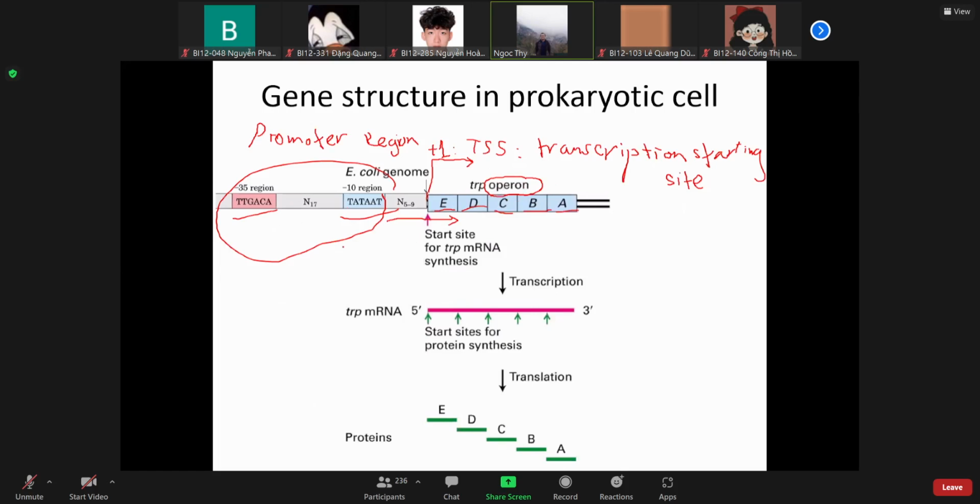Whenever the operon is activated, the transcription factor binds here and transcribes the whole mRNA, which encodes different units of protein. Genes here are defined as a unit for a unit of protein. So here we have different genes organized as an operon.